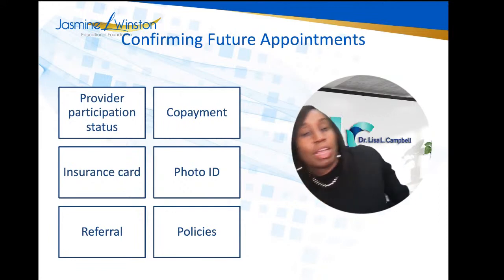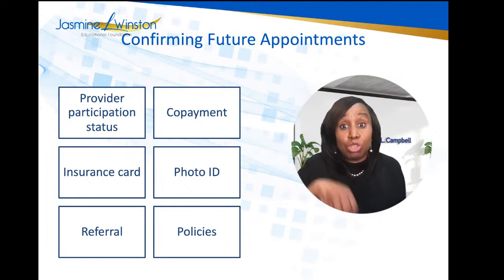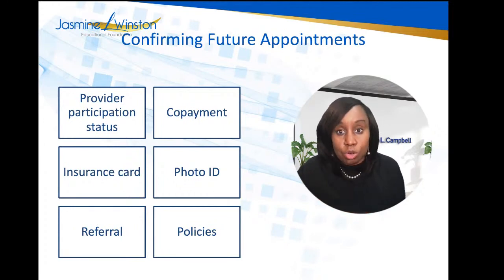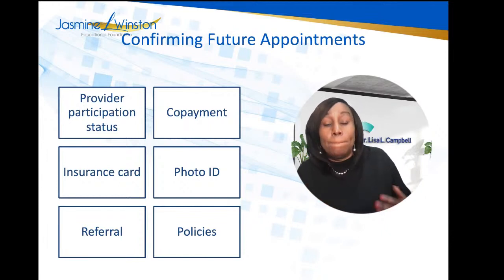Confirming that insurance information. For example, you want to make sure that this patient can come to your office, okay? Because if their insurance doesn't allow them to come to your office, you need to let them know you can come here, but you are going to have to pay for today's visit.